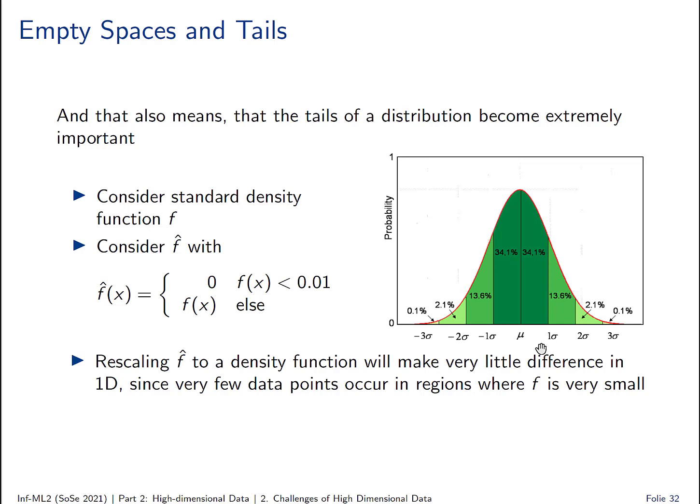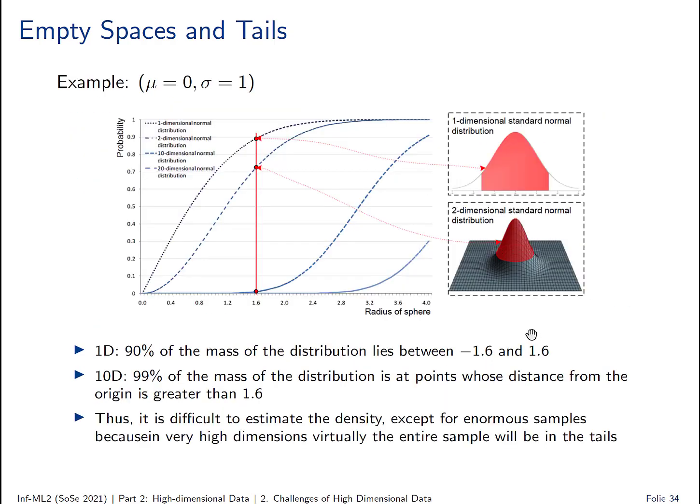That's in 1 dimension, but not in high dimensions. Yeah, that's the point, and you see that here with an example. You see the probability density functions, the radius of a sphere around the mean value, and here a specific radius of this sphere, which is visualized here.